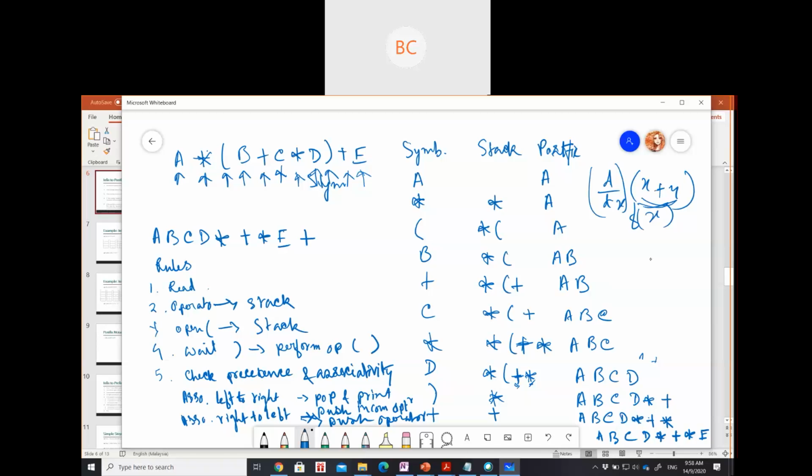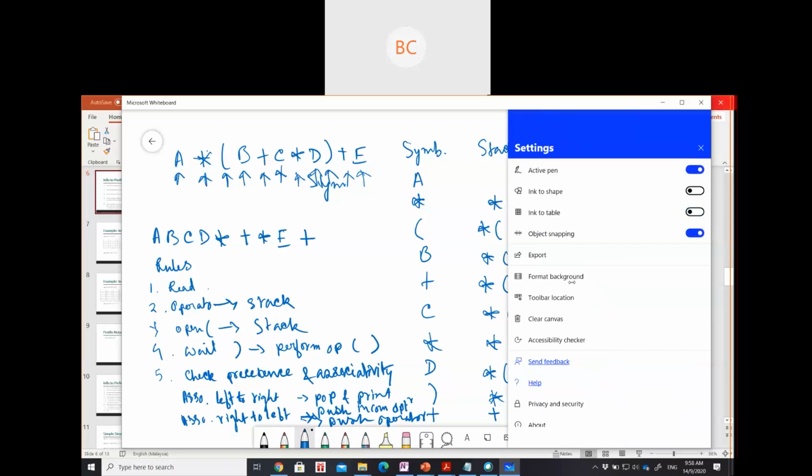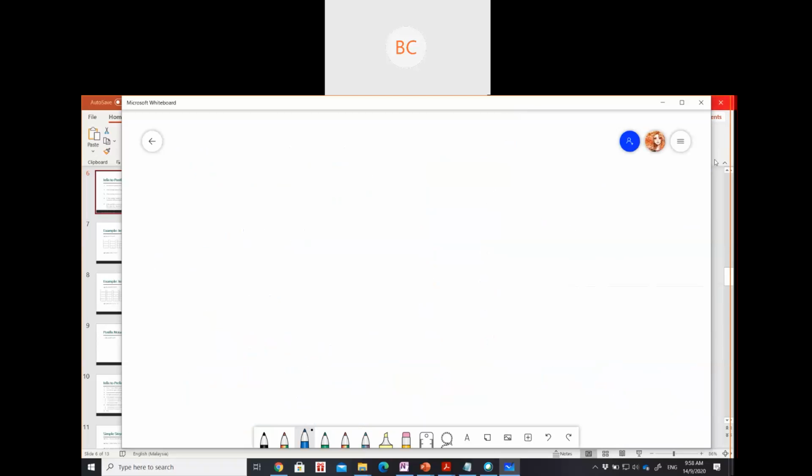So I go to the next one. Infix to prefix is a bit different from postfix. Normally, postfix conversion is the easiest one. For infix to prefix conversion, the simple first step is to reverse your expression.